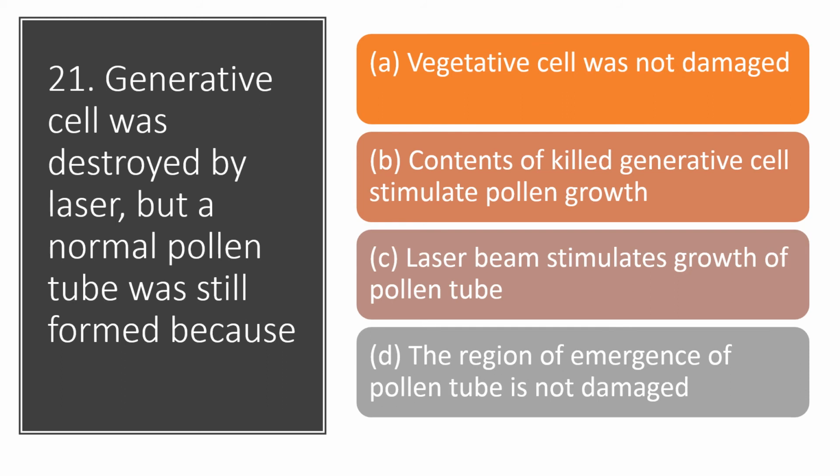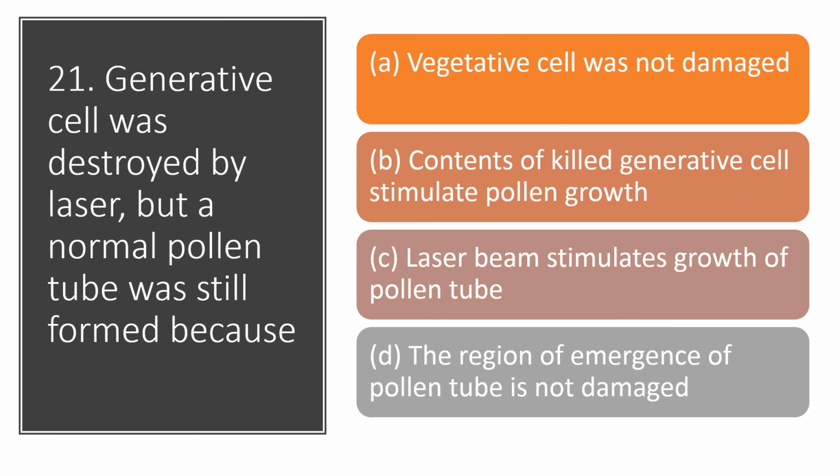So that helps to deliver the male gametes to the embryo sac. In the question they mentioned the generative cell was destroyed by the laser, but a normal pollen tube was still formed because. Here the laser beam was applied to the generative cell, so the generative cell was destroyed, but the vegetative cell is still unaffected. So the vegetative cell can help the formation of a normal pollen tube.